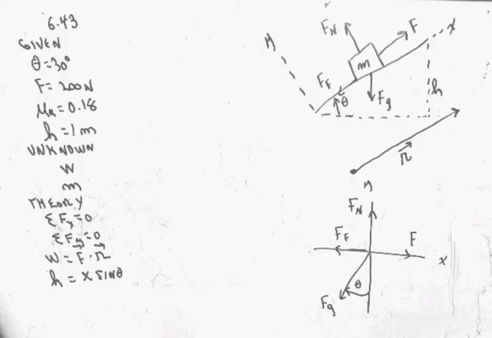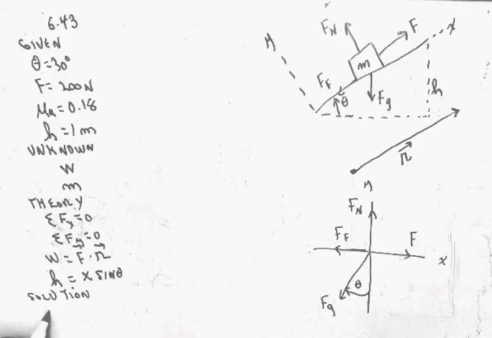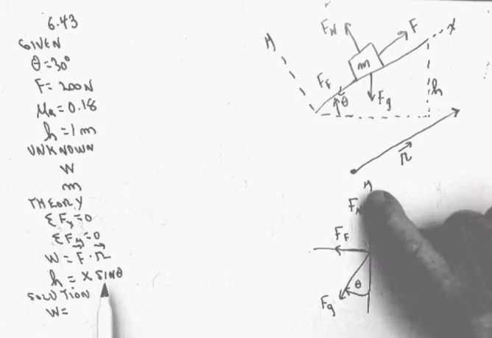If you excuse the pun, let's work on the work first. So here's our solution. The work is equal to a scalar product. Well, force and R, they both point in the same direction.